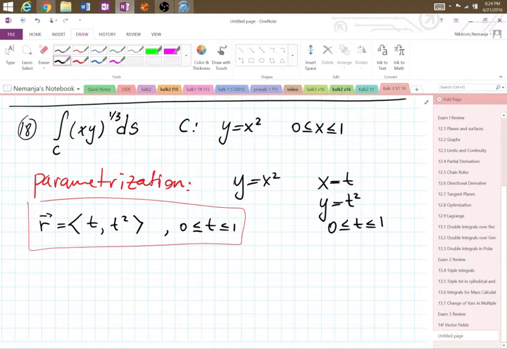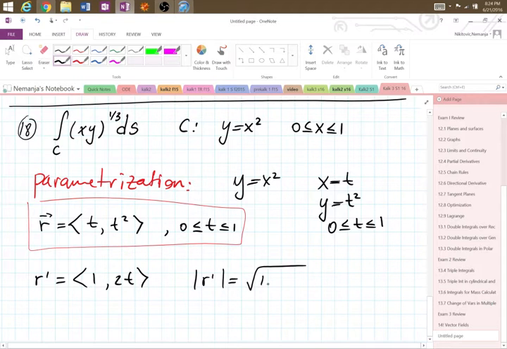Okay, let's take a look at the solution of this. We gotta keep moving, guys. So, r prime is 1, 2t, and then the magnitude of r prime is going to be the square root of 1 plus 4t squared. You can't do much with this, right?